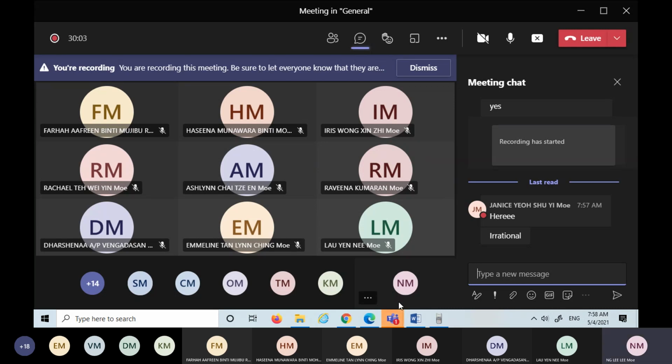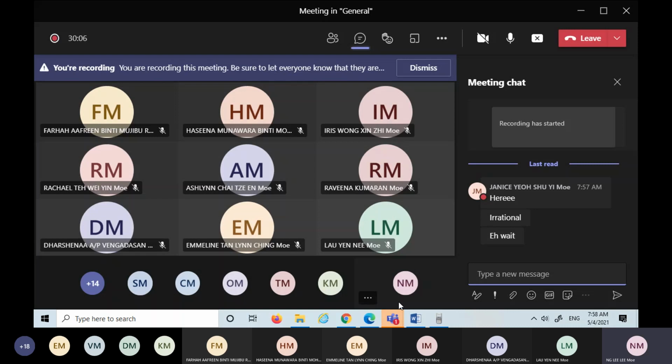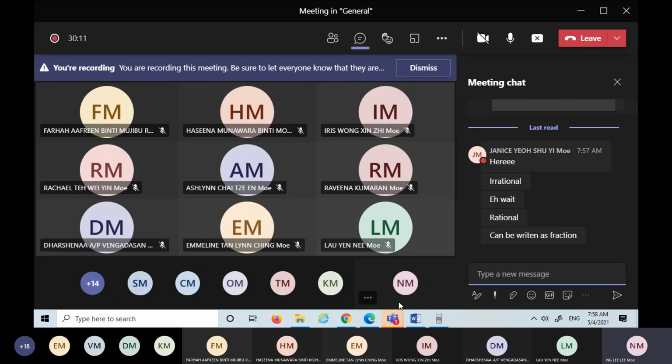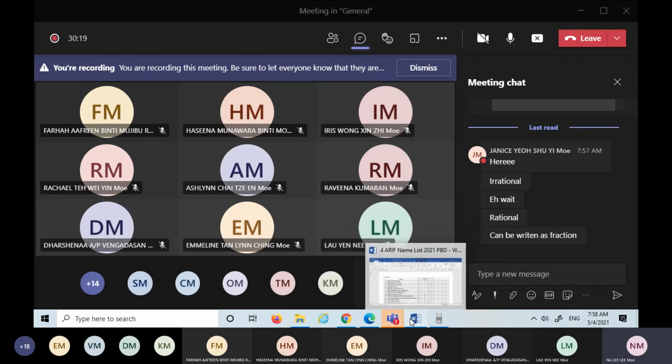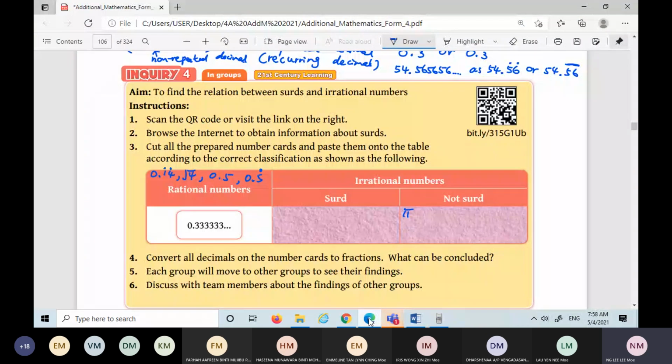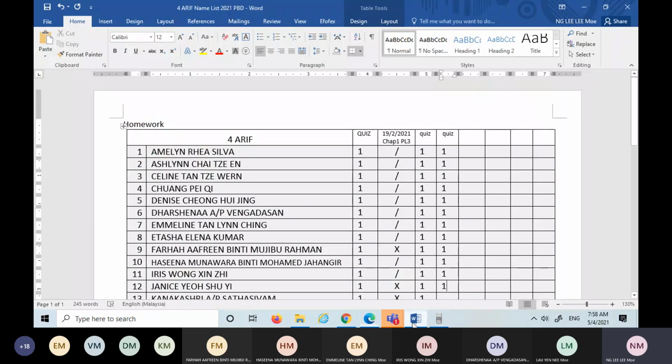Oh, only 0.175. If it's not irrational, then it's rational. Yes, it can be written as a fraction. Okay, you can tell me the reason now. Very good. So rational number, 0.175. Okay, we go to the next one.